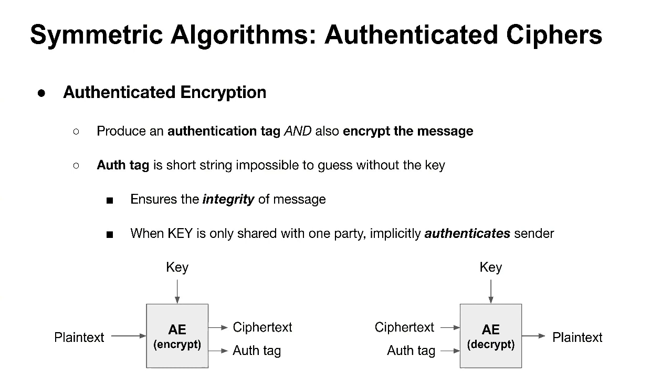It ensures the integrity of the message itself. When the key is only shared with one party, it can have a side effect of authenticating the sender as well. You can see the input to our algorithm is the key and the plain text, and the output is both a ciphertext and an authentication tag, where both of those are then fed into the decrypt operation.